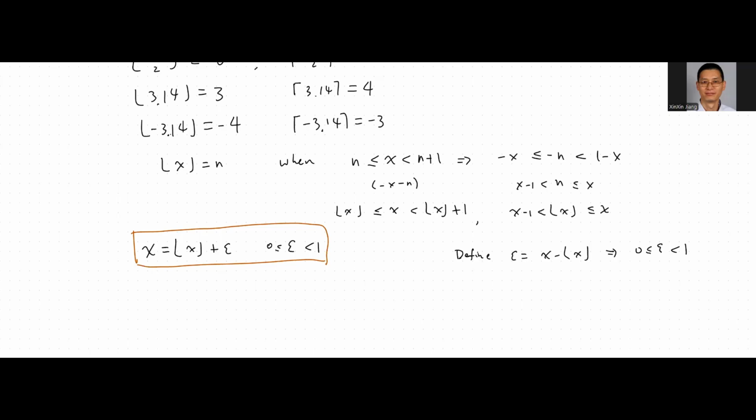And similarly, we say the ceiling is n when, first of all, the ceiling is always greater than or equal to x, so x less than or equal to n, strictly less than x plus 1.